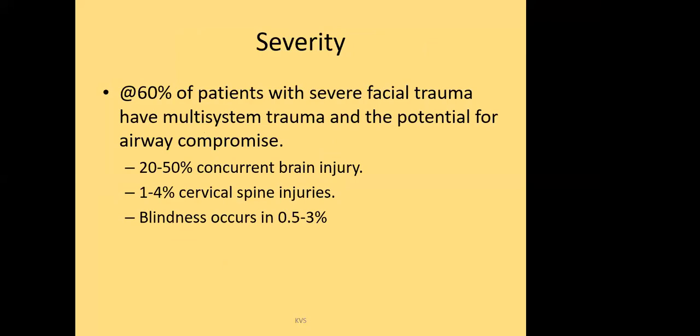So almost 60% of patients with severe facial trauma have multi-system trauma and the potential for airway compromise. Facial trauma, multi-system, because by the time you get facial trauma, the possibilities are that you may also have injuries to the chest and other systems.